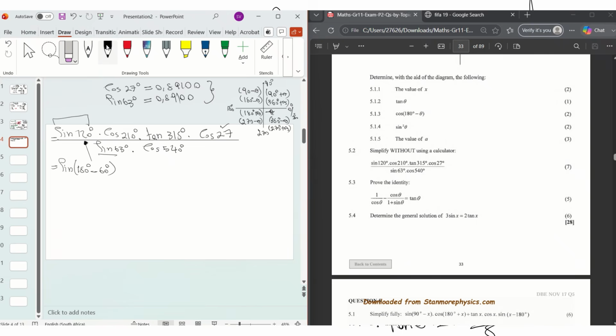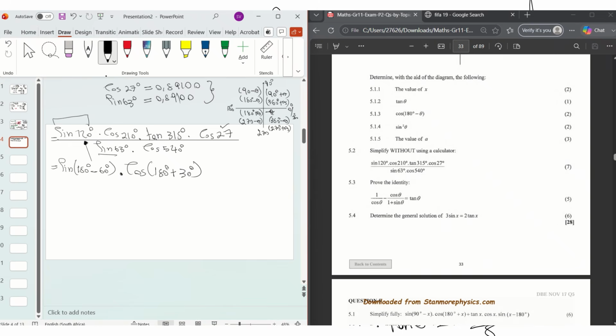Never make that mistake. So, multiplied by cos 210, guys. 210 is in the third quadrant. You can use 180 or you can use 270, it doesn't matter. So let's say 210 reduction will be 180 plus 30 degrees.